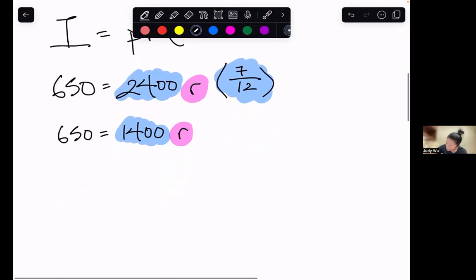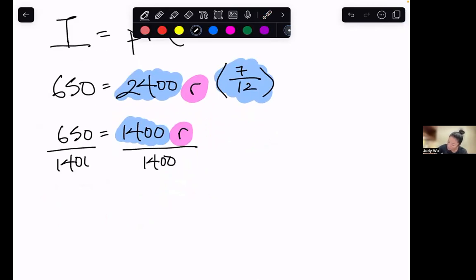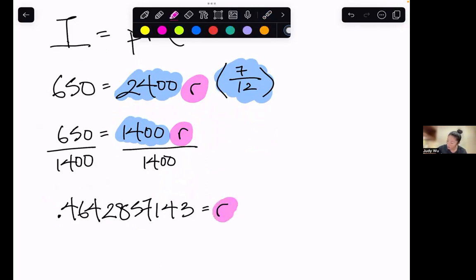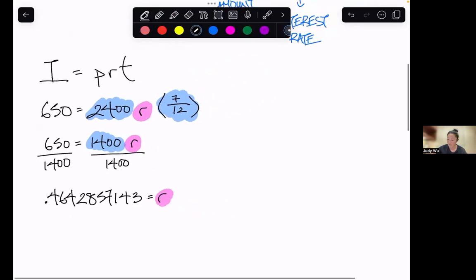Let me write that out in the pen. I'm going to divide by 1400, and 650 divided by 1400 gives me 0.46428571143, and that's equal to my R, the thing that I wanted to find.